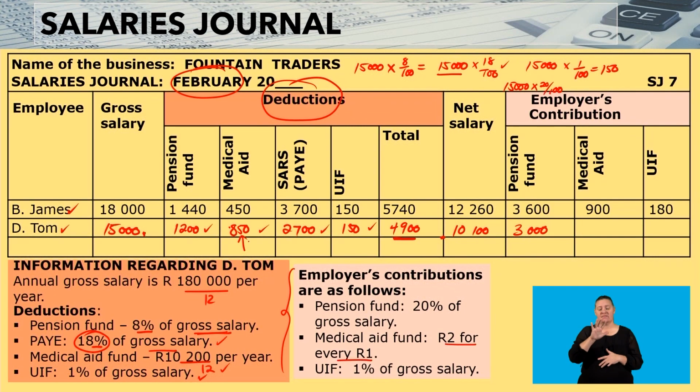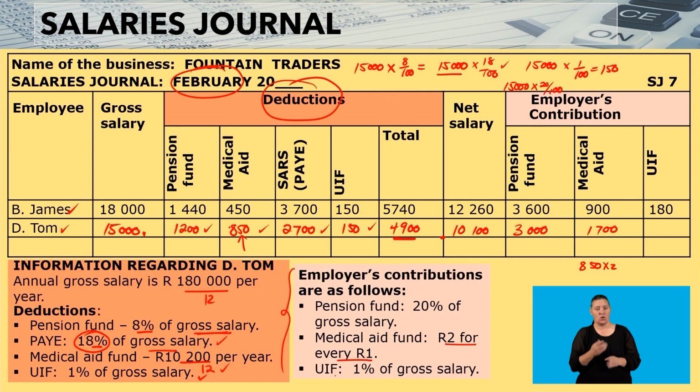It was 850. So for us to get now the contribution, we would now say 850, multiply that by 2, because for every 1 rand that was deducted, the company is going to contribute 2 rand. That will give us 1,700. That is on medical aid.